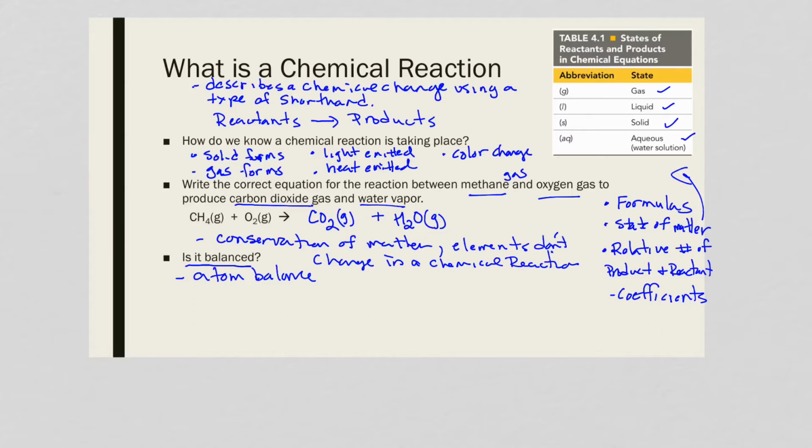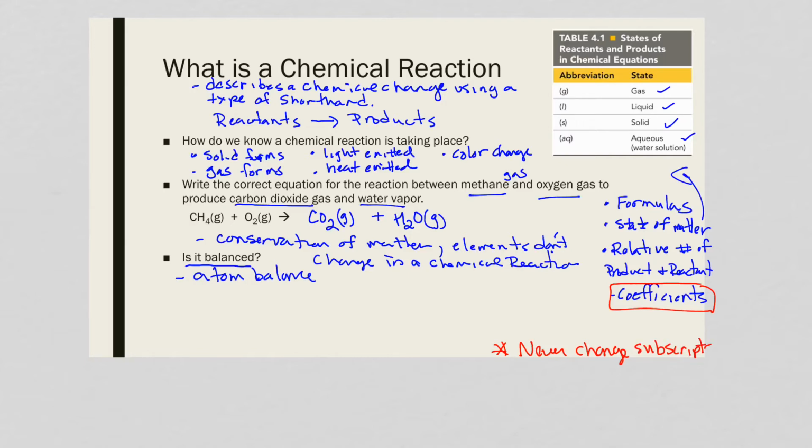And this is where these coefficients come into play. We are going to use the coefficients to balance this out. Now, one thing I will note here, and I will put a little asterisk down here: never change the subscripts.